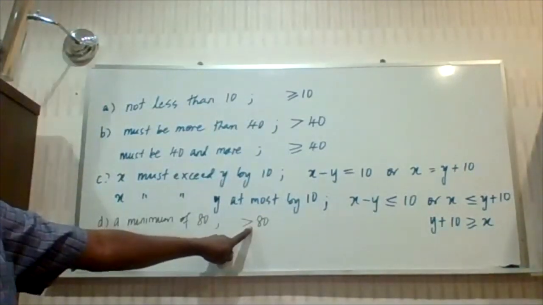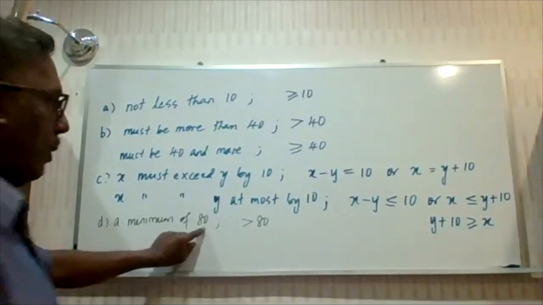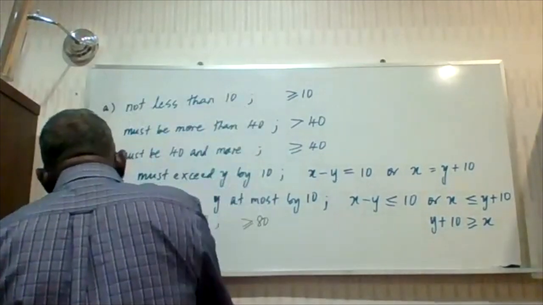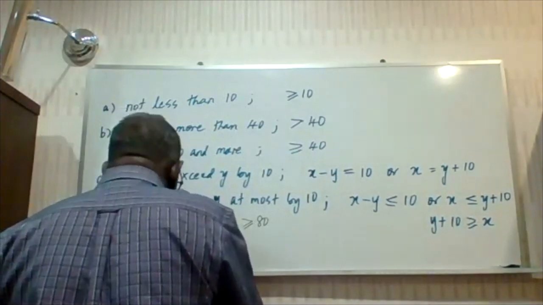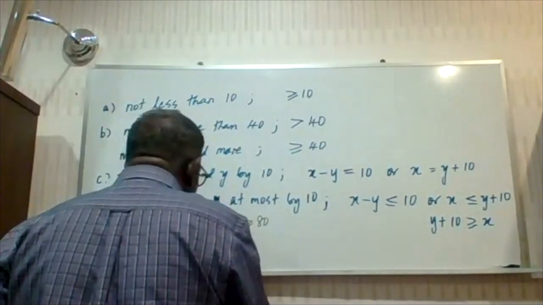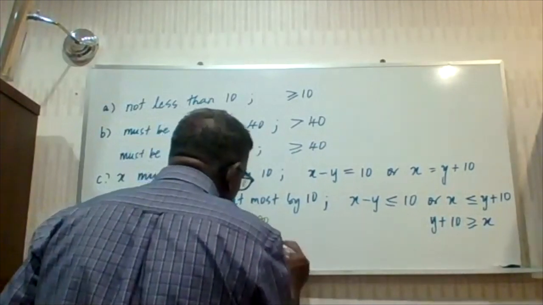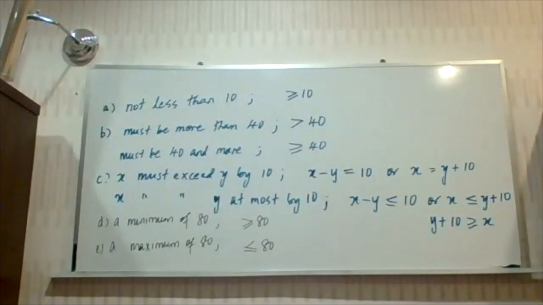A minimum of 80 means 80 and more. Then a maximum of 80 is the other way around. 80 can, but more than 80 cannot. So it must be less than or equal to 80.